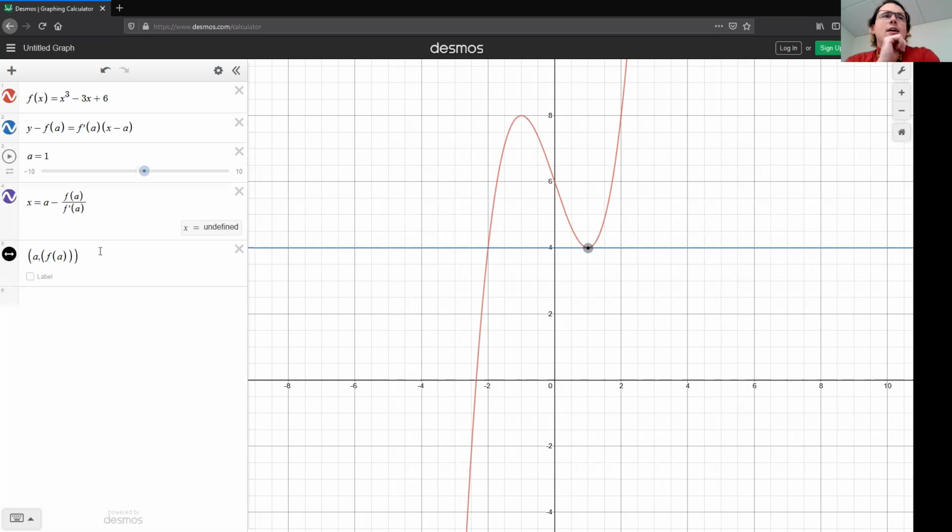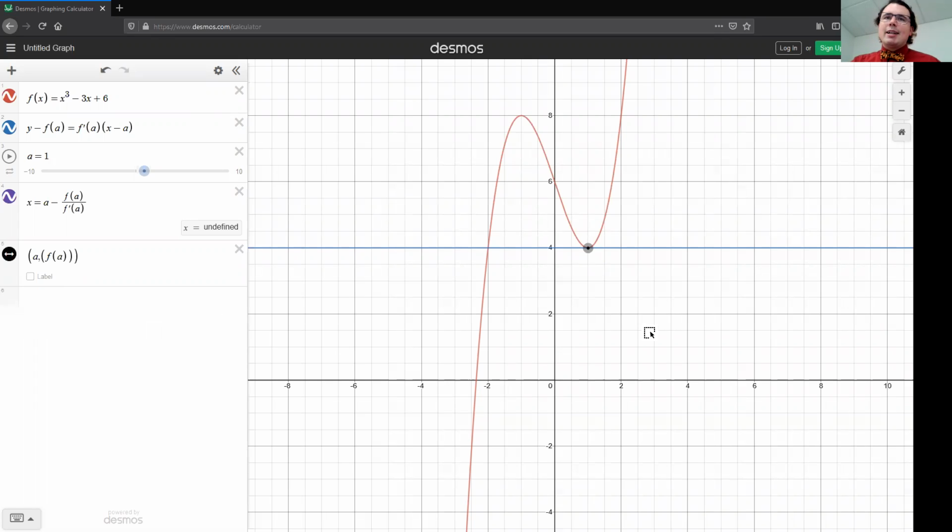It would be 1 minus the original function evaluated at 1, divided by the derivative of this function. What is the derivative of this function? F prime of x is 3x squared minus 3. That's going to be 0 when x equals 1. So my iteration just stops dead in its tracks.